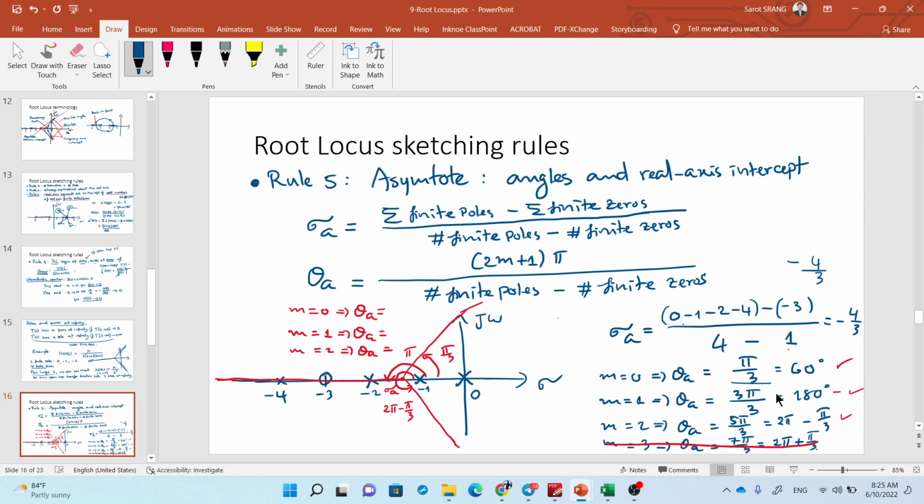Then we can calculate some parameters that can be used to draw the asymptotes, meaning the asymptote and real axis intercept.